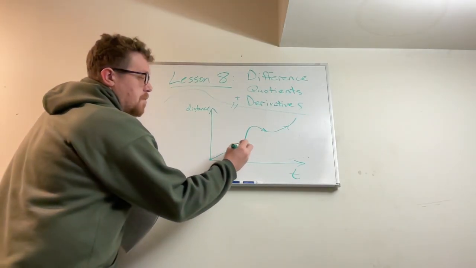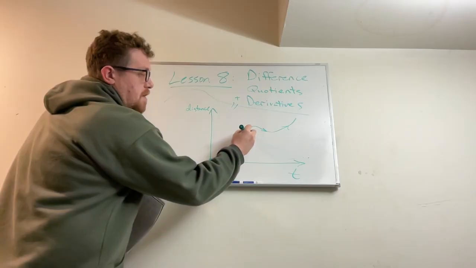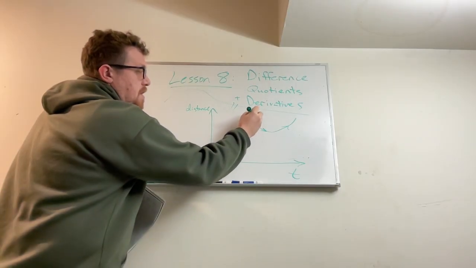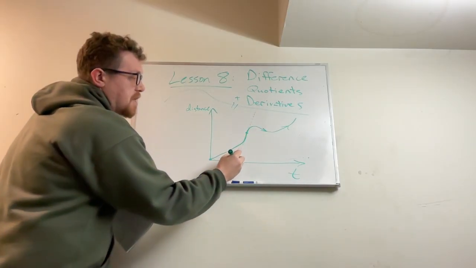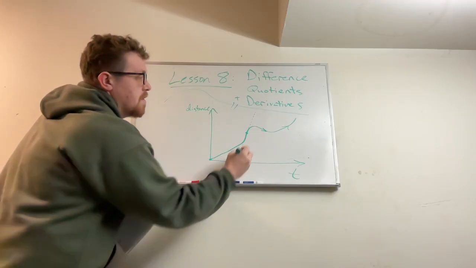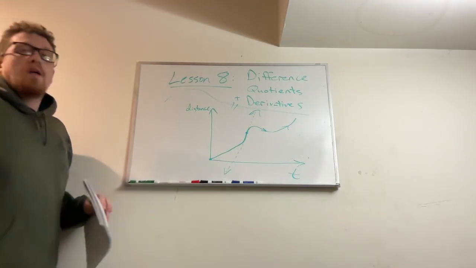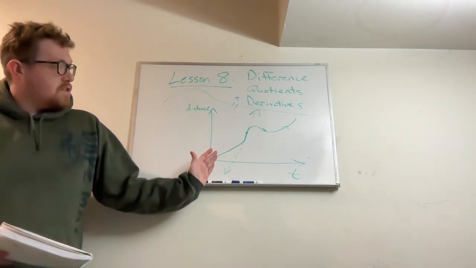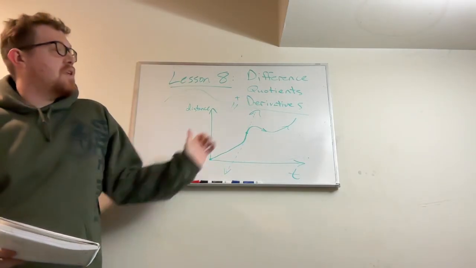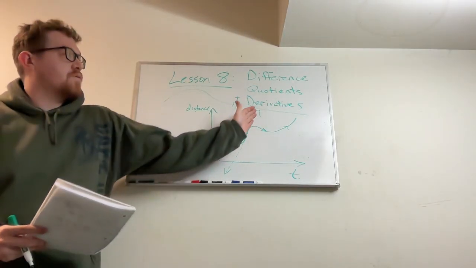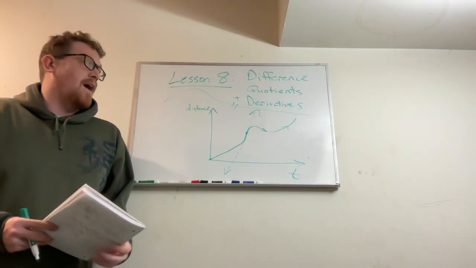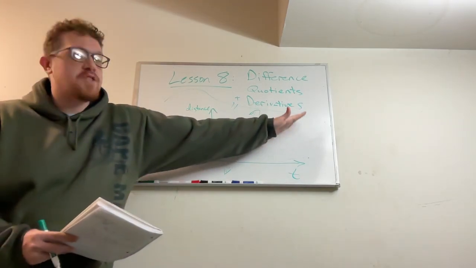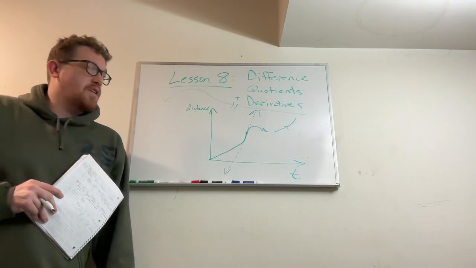So if you pick a random point, let's say here, and we draw the line that only touches the curve at a single point, then this dashed line has some slope, and that's how fast the particle is traveling in a particular direction at that particular time. But as the time changes, that velocity is also changing.